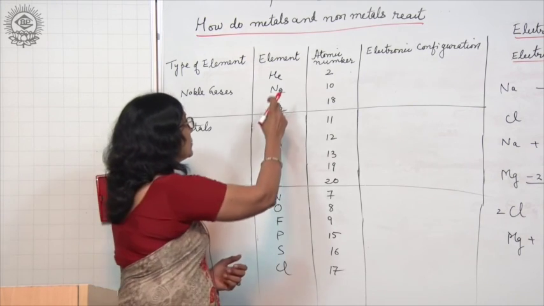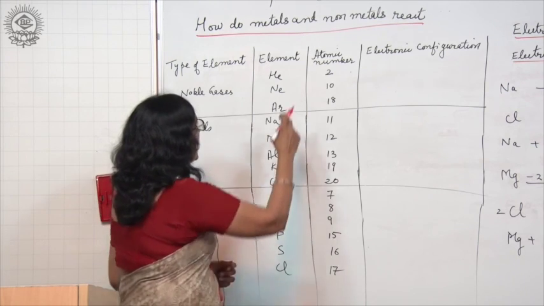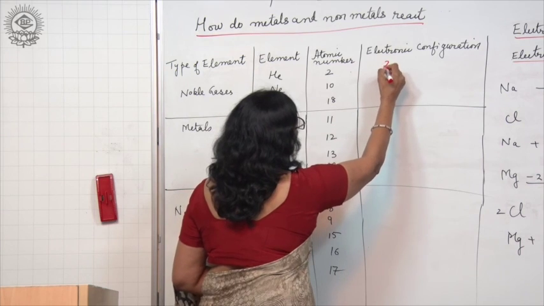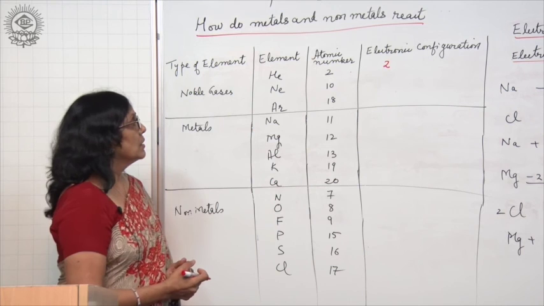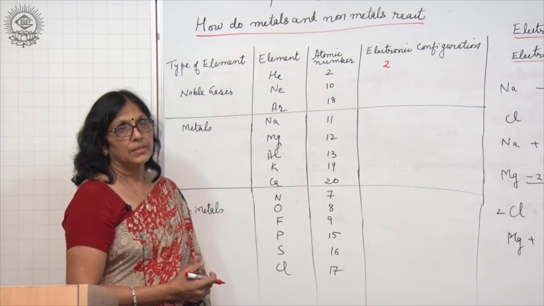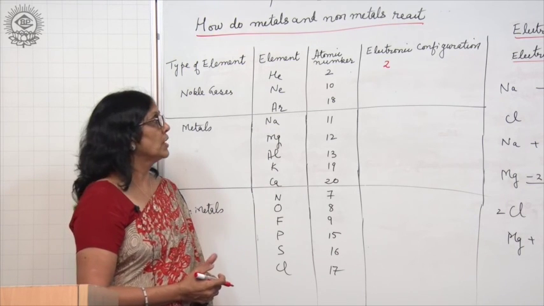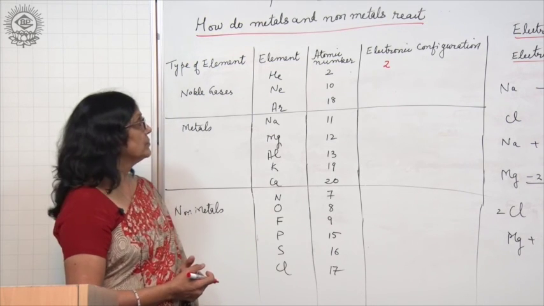So, let us study the electronic configuration of some of the noble gases. Helium's atomic number is 2 and it has only one shell in which it has 2 electrons. It has 2 electrons in the outermost shell and this is a stable configuration. This is also an inert gas configuration, it is unreactive.